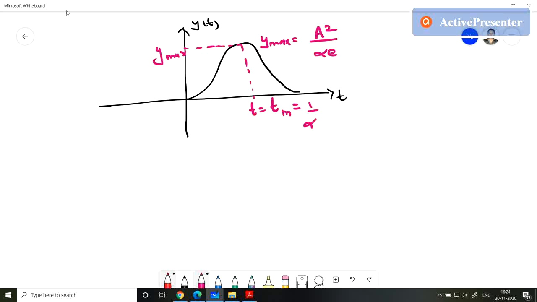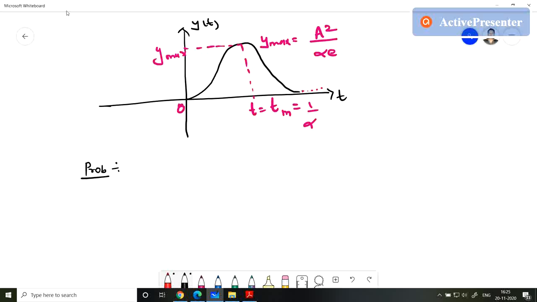This is the maximum value. This is 0, and it is decreasing with time. So this is the sketch of output y(t). Let us solve another problem.